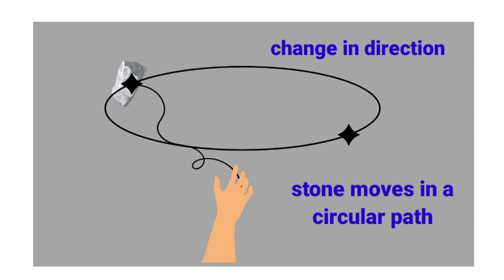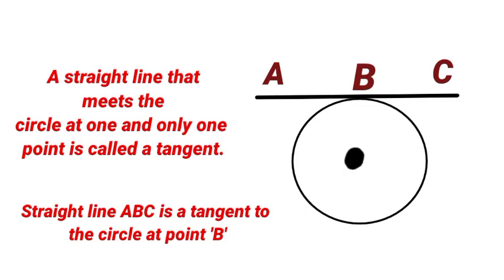The force that causes this acceleration and keeps the body moving along the circular path is acting towards the center. This force is called centripetal force, meaning center seeking force. In the absence of this force, the stone flies off along a straight line. This straight line will be a tangent to the circular path.